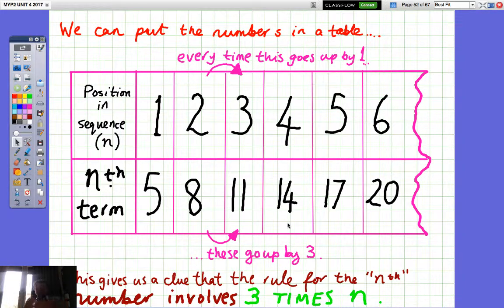So every time n goes up by 1, the nth term goes up by 3. That gives us a clue about the rule. It tells us that the rule for the sequence must somewhere involve 3 times n.